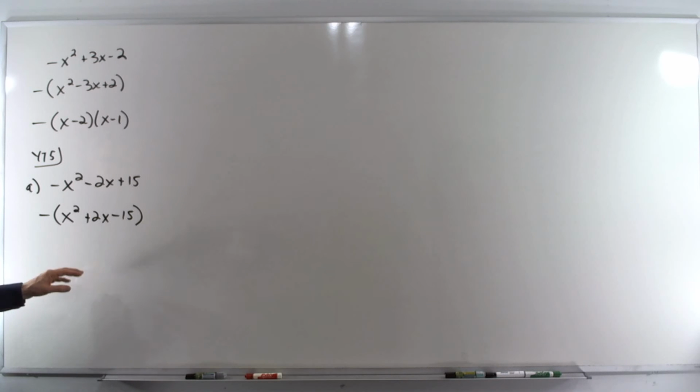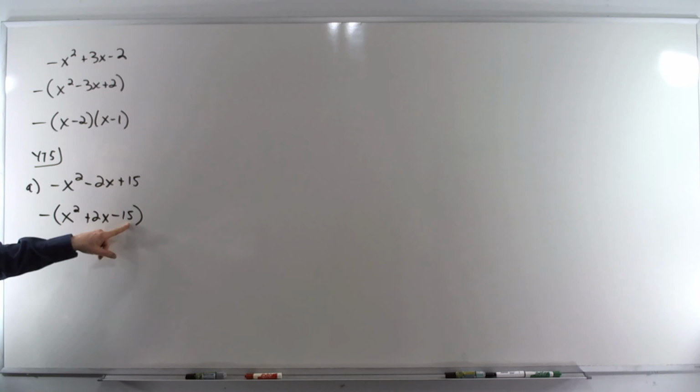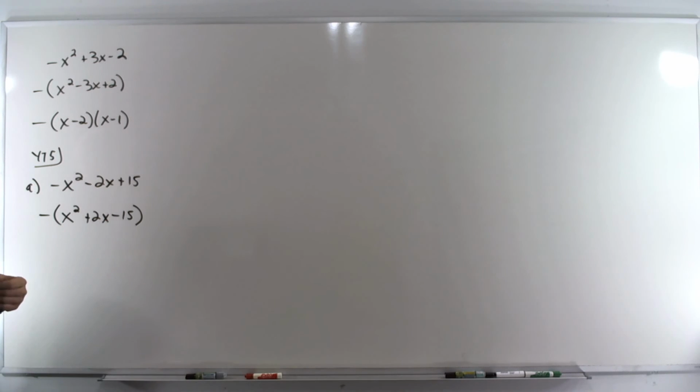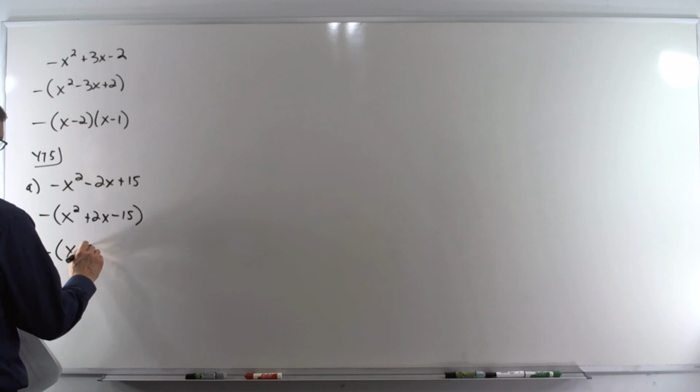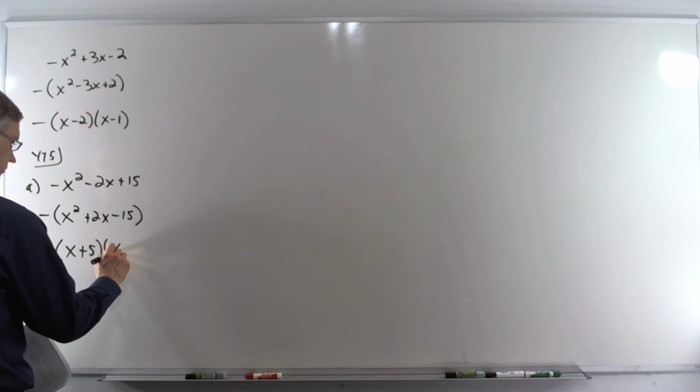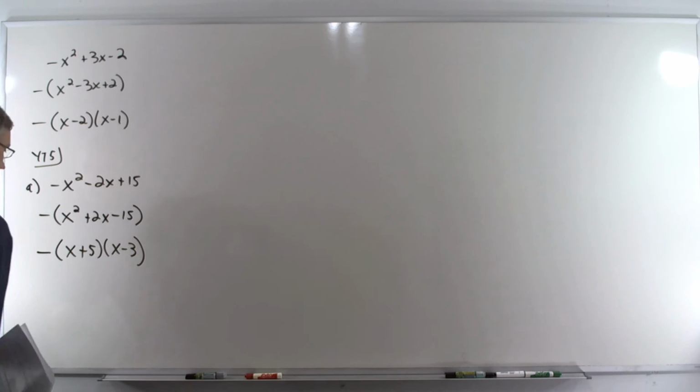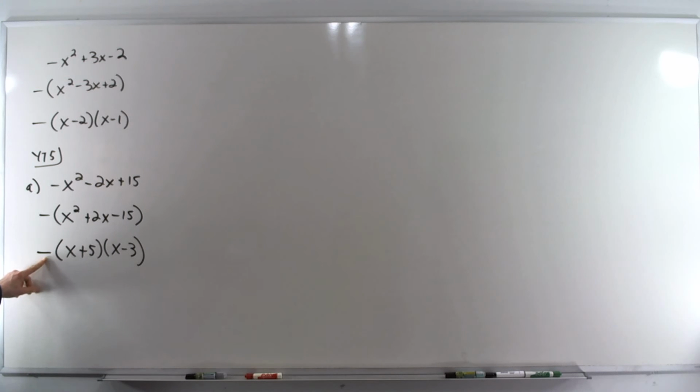Now we need to factor this. We need two numbers that multiply to get negative 15. Adding to 2, we've seen that before, it's going to be 5 and negative 3. So negative, this is basically negative 1 times x plus 5, x minus 3.